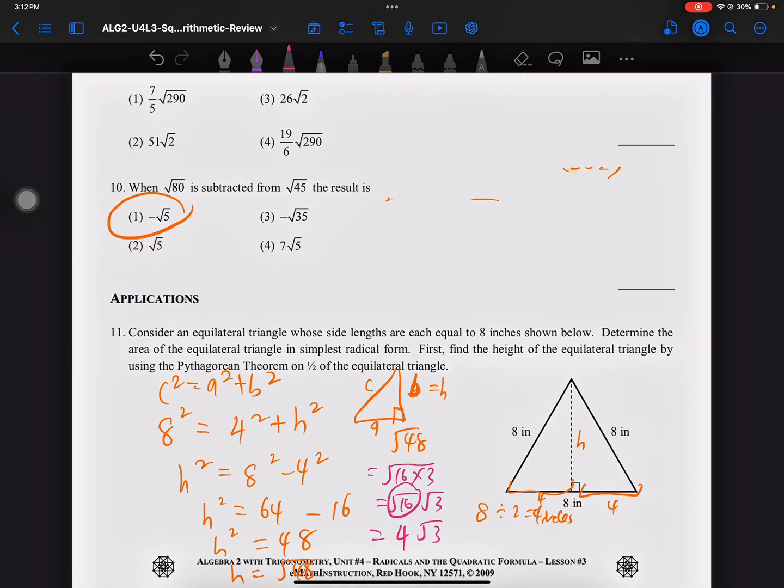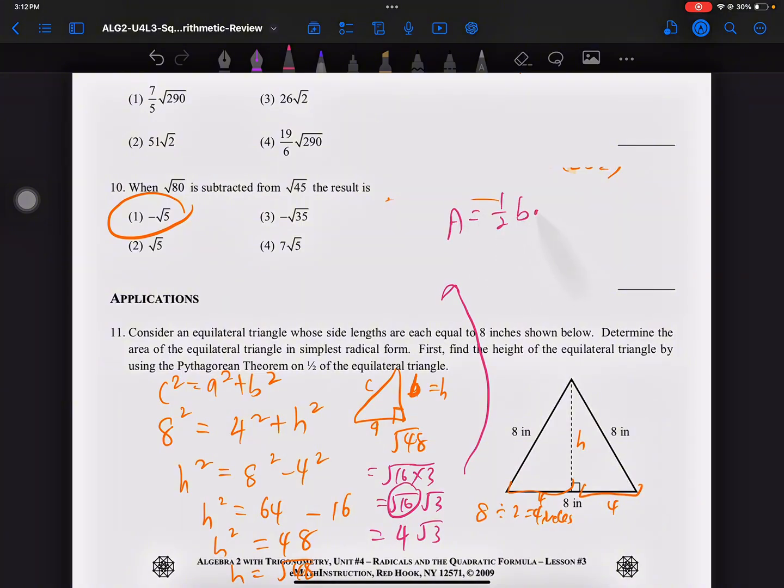3 is not a perfect square, so there are no more perfect square factors inside the root. Then we need to use the area formula for a triangle. Same, because I have no space, A is equal to half b times h.